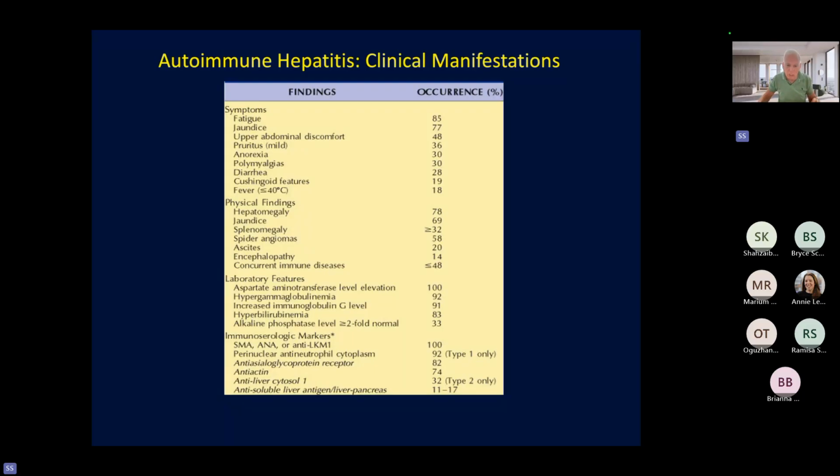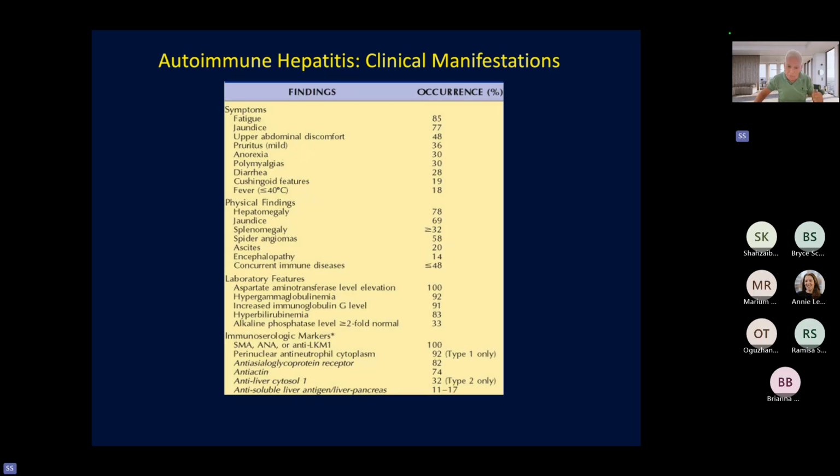In terms of serological markers, 100% with type 1 or type 2 will have either anti-smooth muscle, anti-nuclear, or anti-LKM, again, depending upon the subtype. And there you see the frequency of the other autoantibodies.